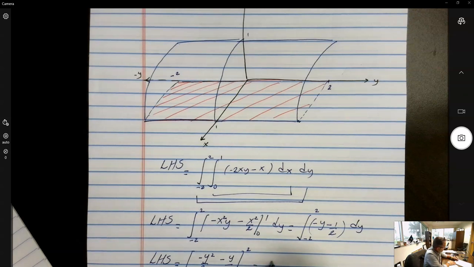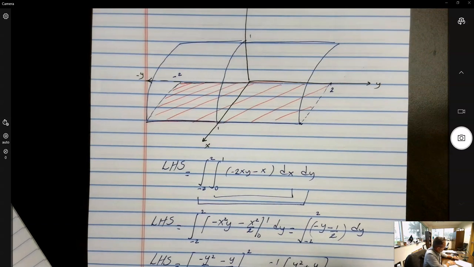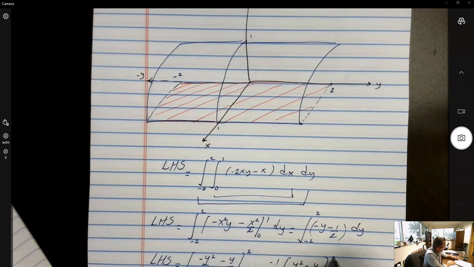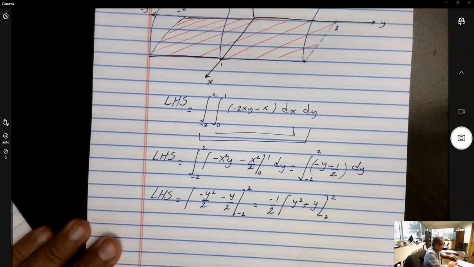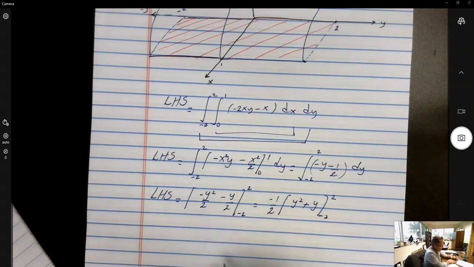So I'm going to take the minus 1/2 as a common factor, and this is y squared plus y evaluated between -2 and 2. When we evaluate y squared at 2, we get 4. When we evaluate y squared at -2, we get 4, so that cancels out. So there will be y evaluated at 2 and y evaluated at -2, which is 4. 4 divided by -2.